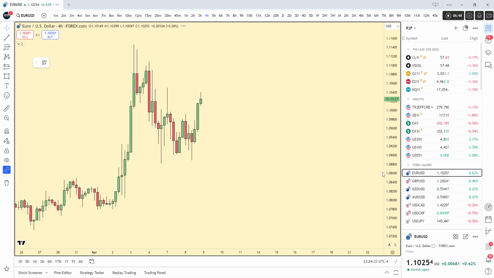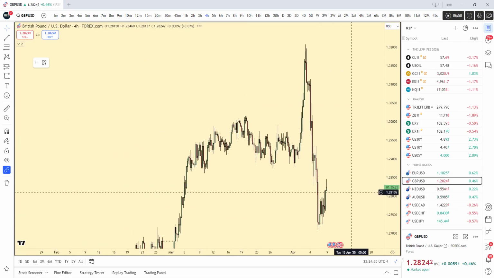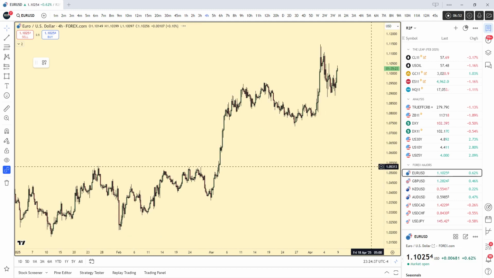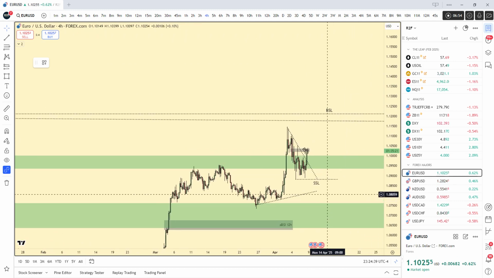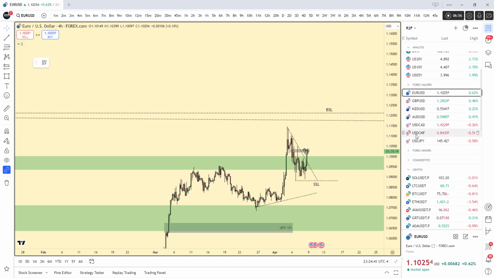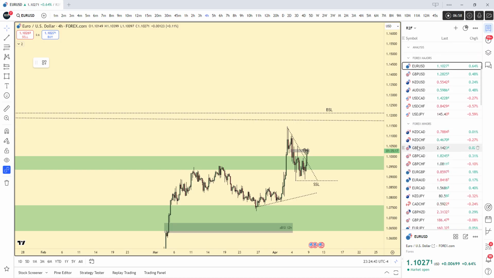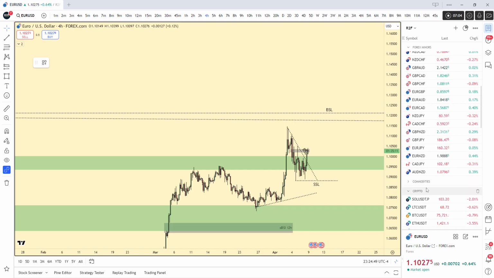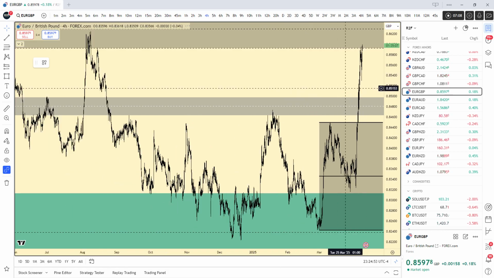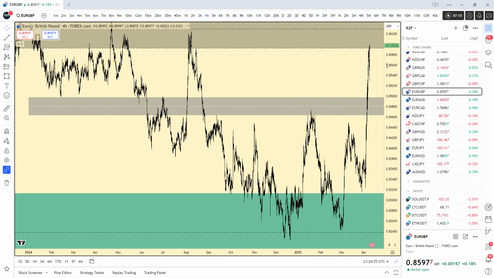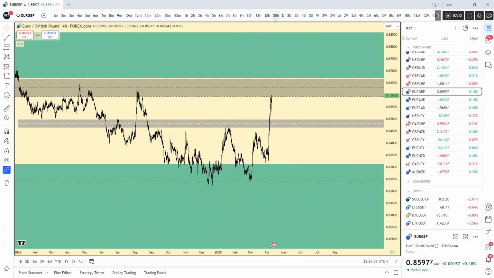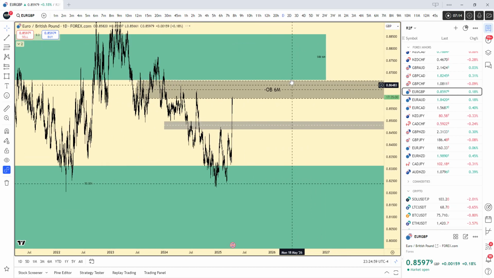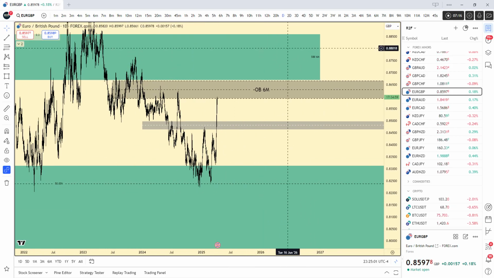Okay, the pound makes really lower lows. It looks more bearish, but the dollar euro is getting strength. So if we look at euro pound, we should see euro pound in that case going up. Okay, very bullish. Yeah.